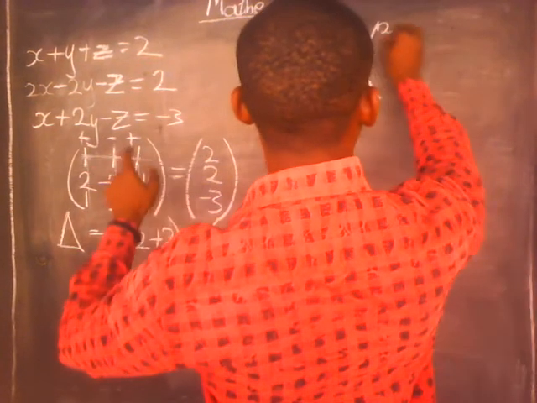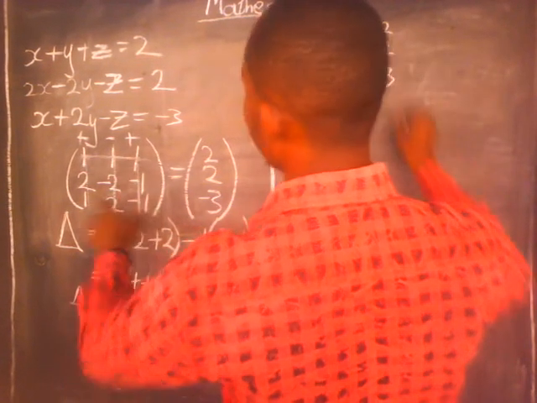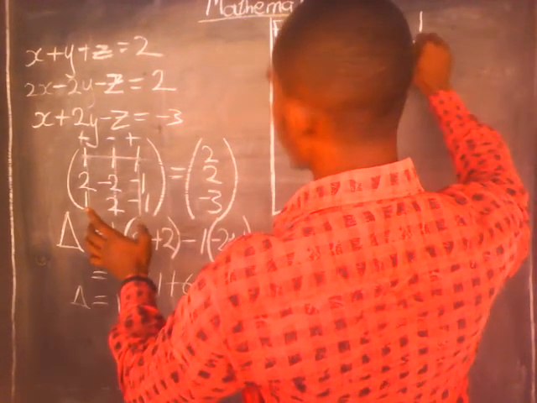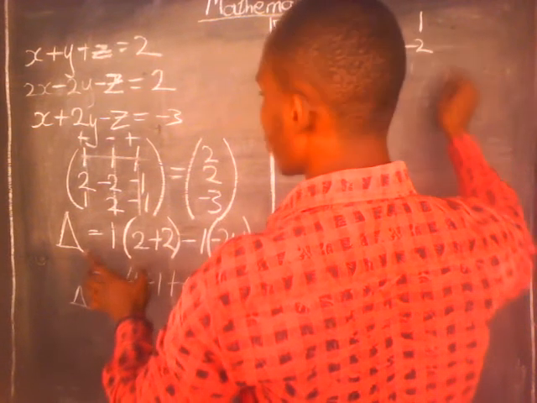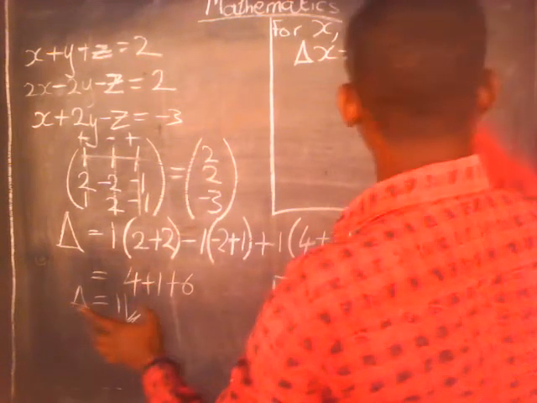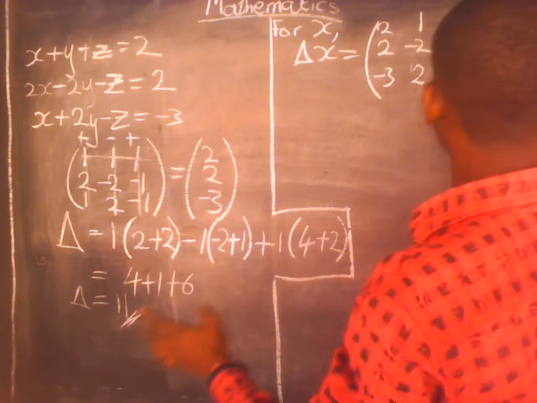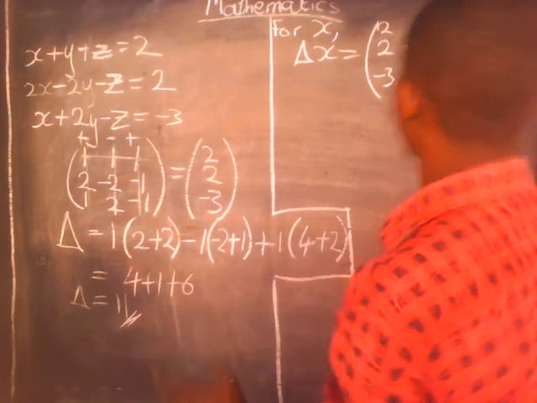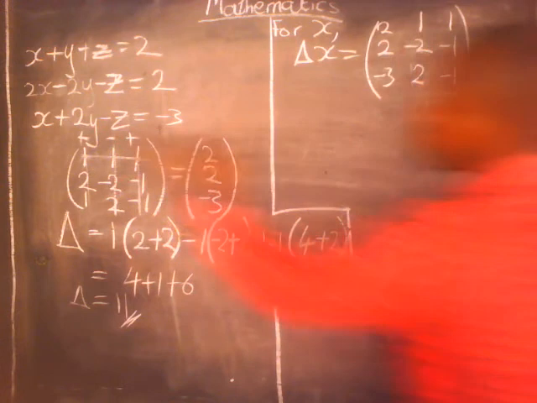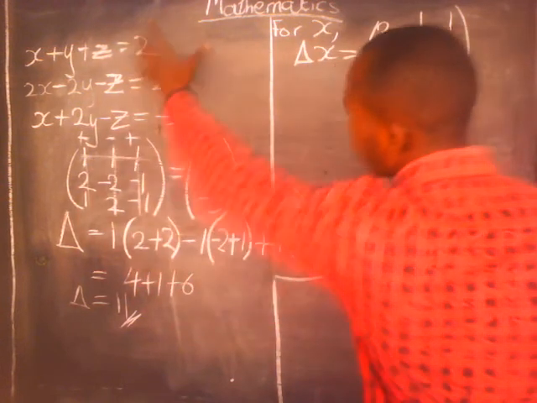So I'll be having 2, 2, minus 3, and the other ones 1, minus 2, 2, then 1, minus 1, minus 1.